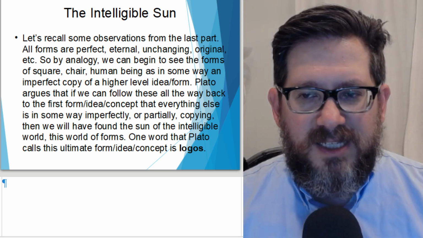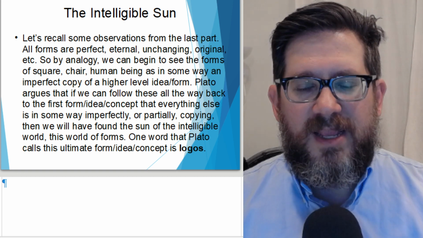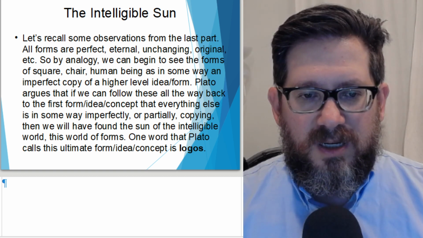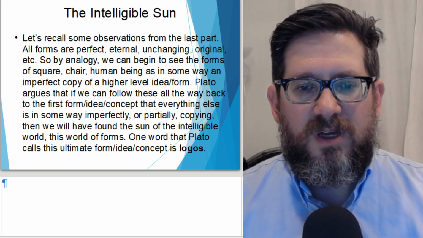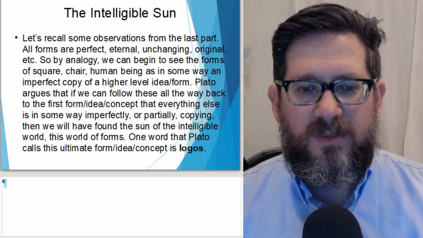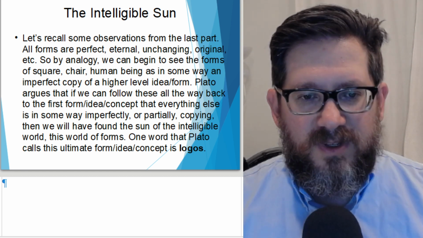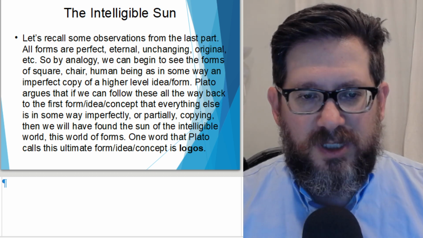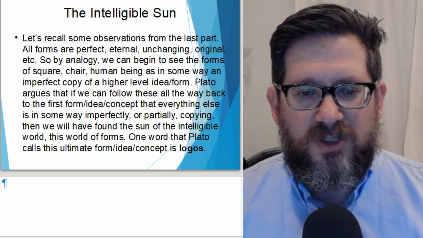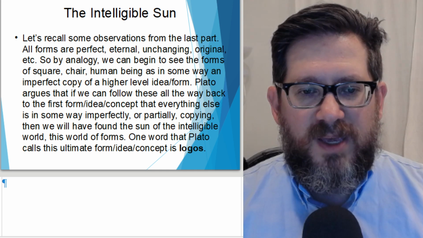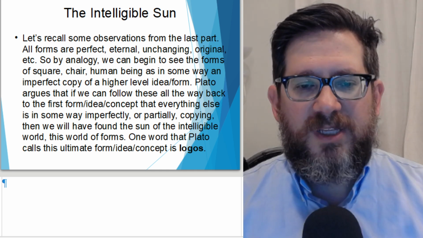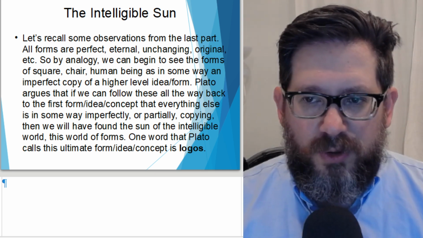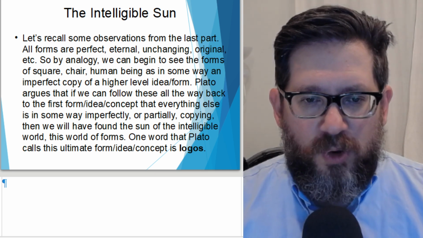So all these ideas of things analogously must be imperfect copies of a higher level form, the form of the idea of eternity, the idea of perfection. So we are using now our reasoning by analogy to say that as we go higher up, these higher order forms become more and more perfect.